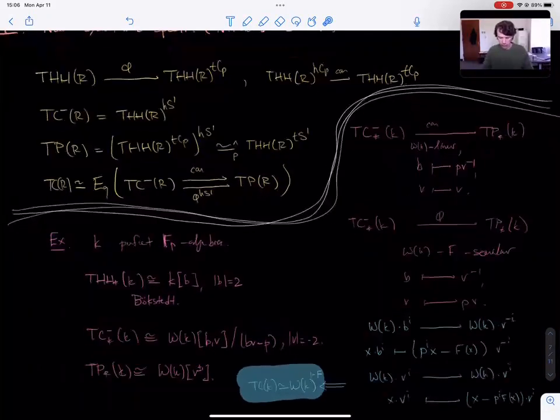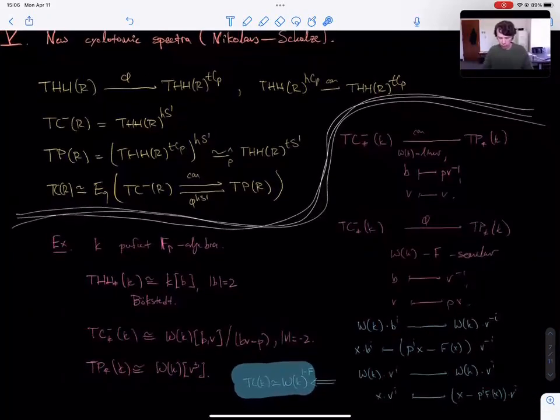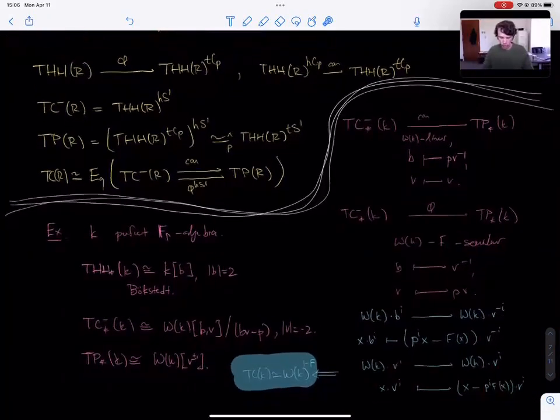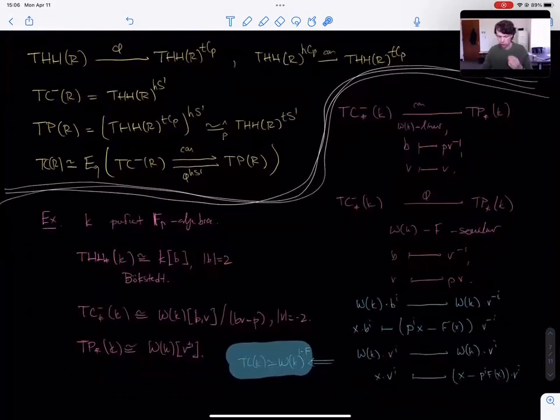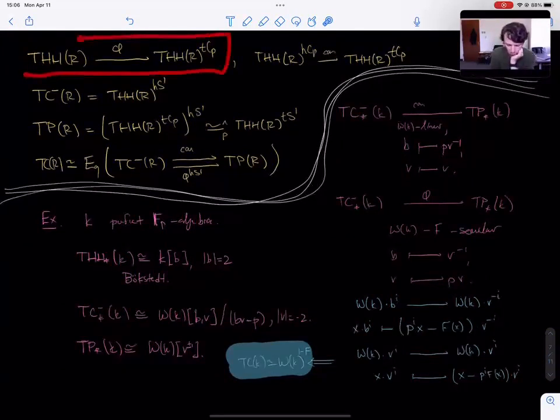Nowadays, there's a sort of alternative approach to this complicated world of cyclotomic spectra and TC, which is given by this new theory of cyclotomic spectra due to Nikolaus and Scholze. Basically, they observe that THH itself has a so-called cyclotomic Frobenius map.